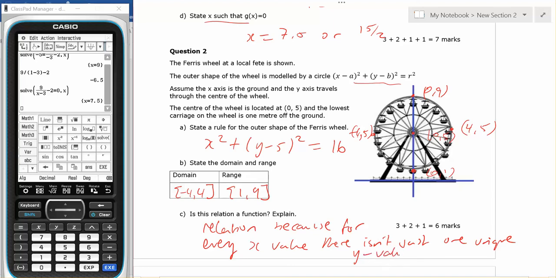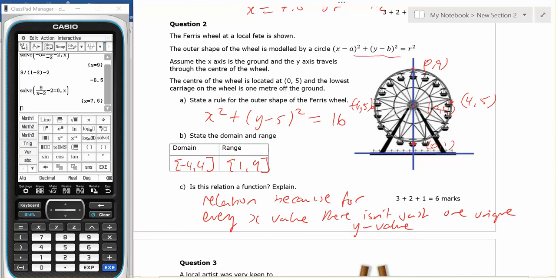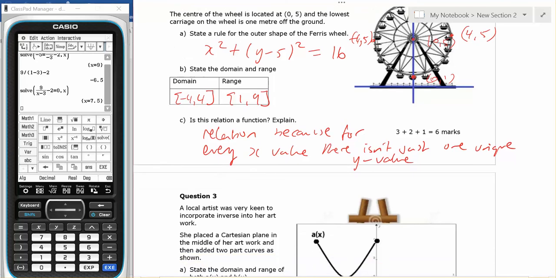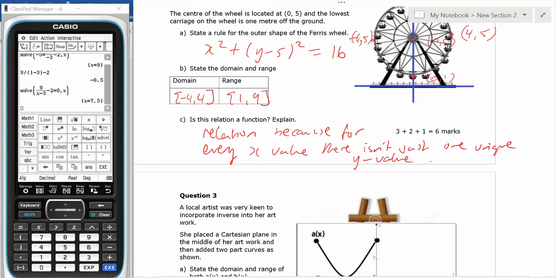Okay, so you must state the actual reason. So don't say, oh, it fails the vertical line test. It does fail the vertical line test, but that's not the reason why it's a relation. Okay, so not a function.